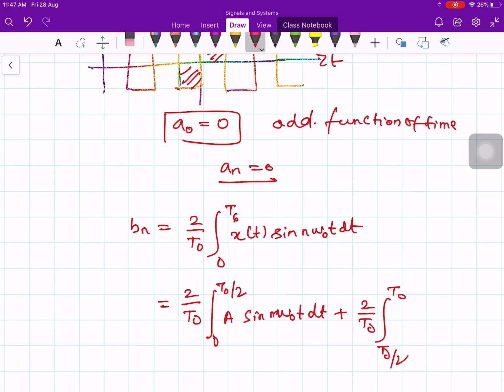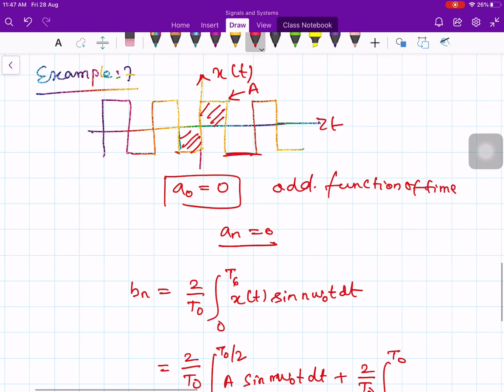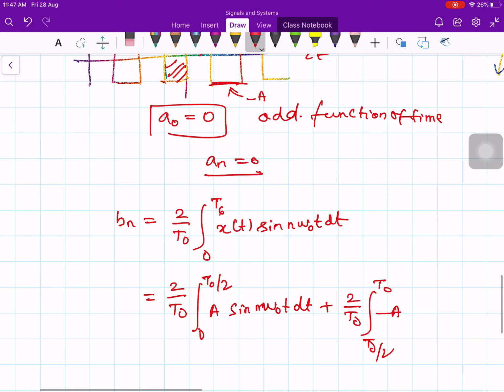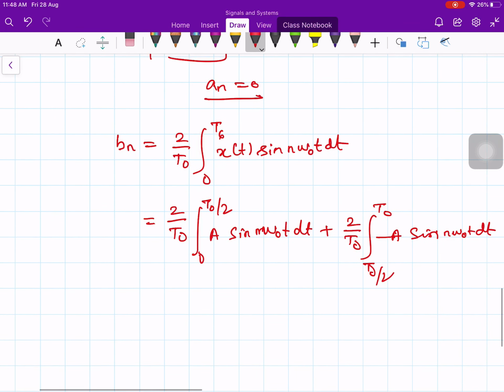What is the magnitude in this interval? Minus a. So minus a times sine of n omega naught t dt. You can evaluate these two integrals separately and arrive at the result. It is a fairly mechanical procedure.